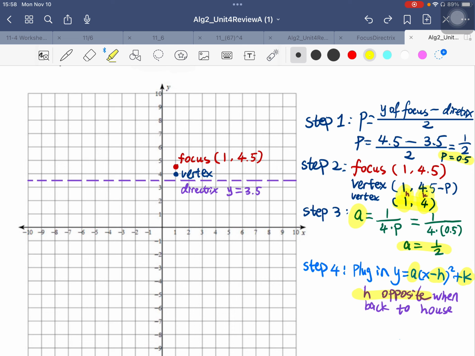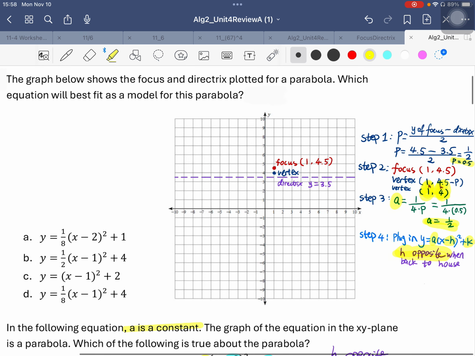So it's 1 over 4 times 0.5. 4 times 0.5 gives you 2, so it's 1 half. A equals 1 half. Now I have the a, I have h, I have k, and I need to plug into the vertex form: y equals a times (x minus h) squared plus k. H is always opposite. Now plug in and find the correct answer.